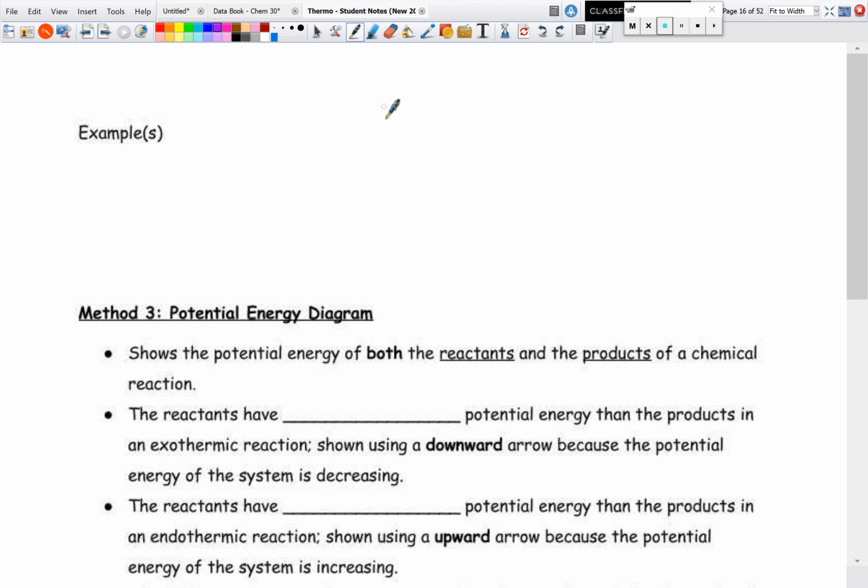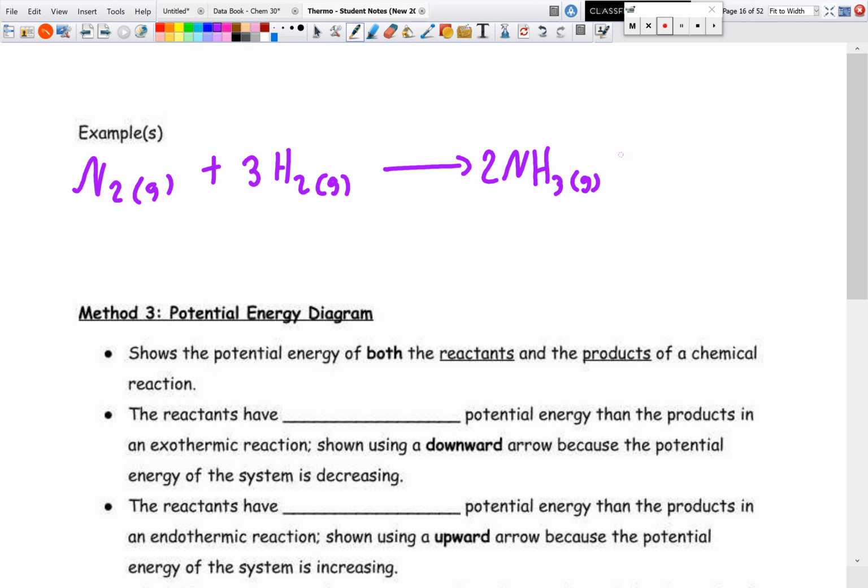N2 gas plus 3H2 gas produces 2NH3 gas plus 91.8 kilojoules. Because it's written on the right-hand side as a product, I know it is exothermic.